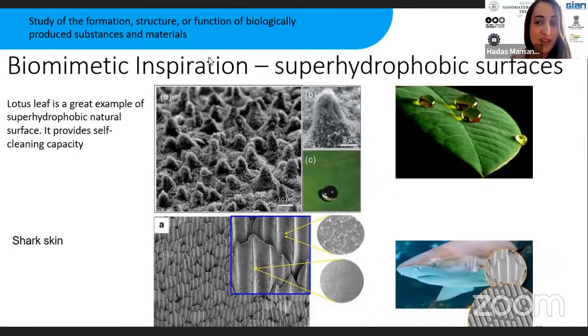For example, the lotus leaf is a great example of a super hydrophobic natural surface, as it provides self-cleaning capacity. Using this as inspiration for designing membranes, by observing the different structures on these leaves and mimicking these structures onto membranes. This could also be done with shark skin. The idea here is to have super hydrophobic surfaces.